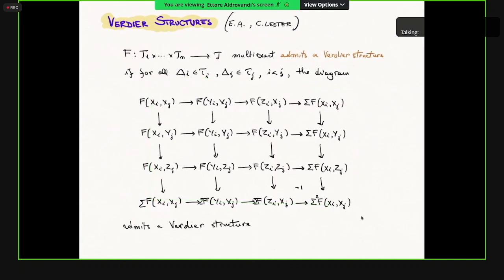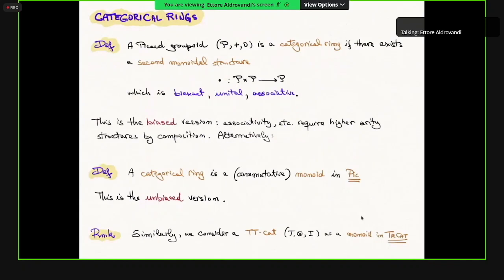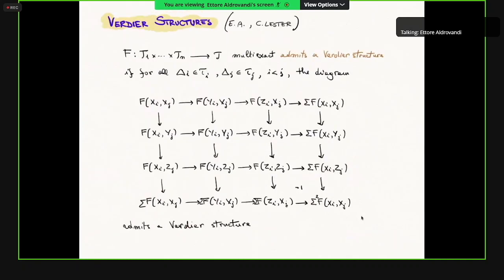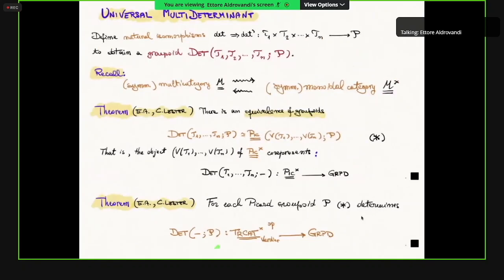And we say that F is Verdier if the diagram that you get here admits a Verdier structure in the previous sense. So the previous theorem says that basically you have to restrict to this kind of functors in order to account for this functoriality here.